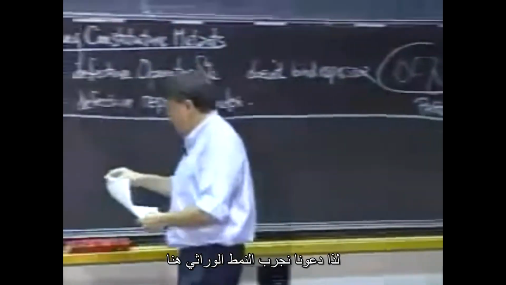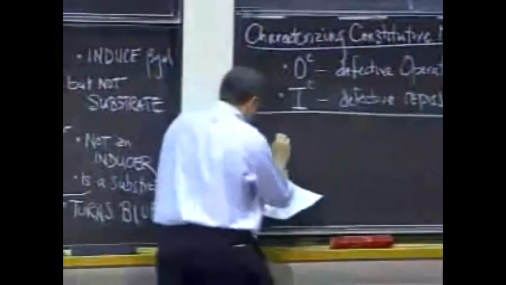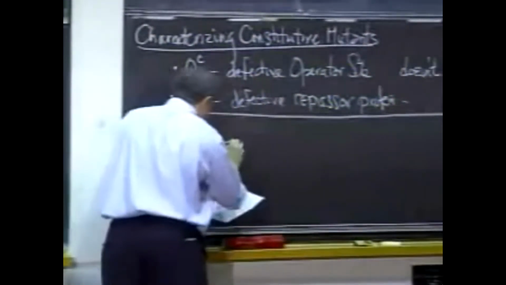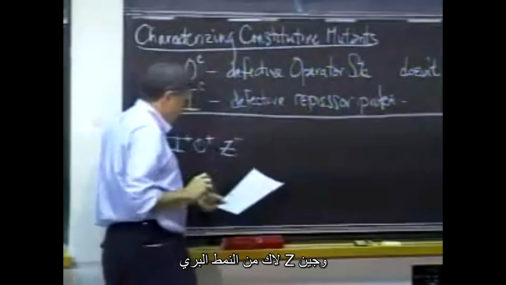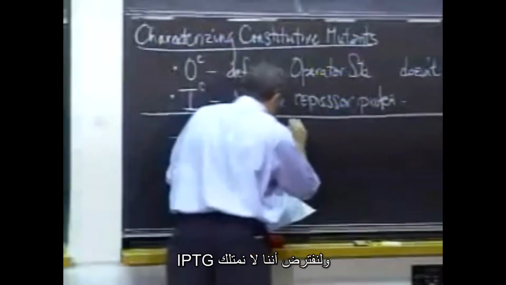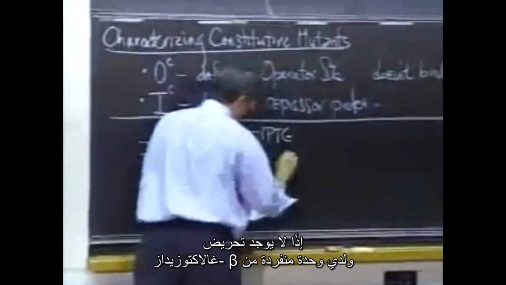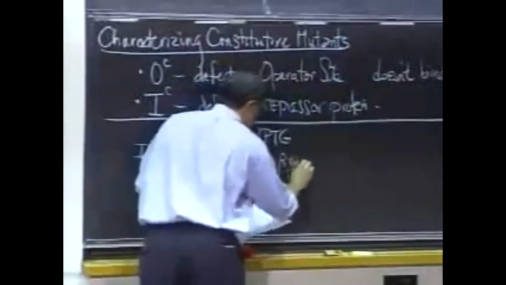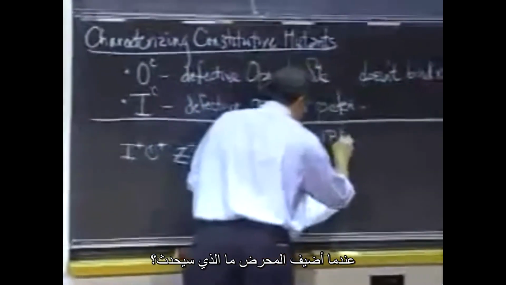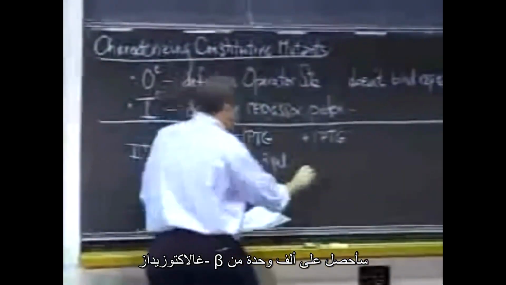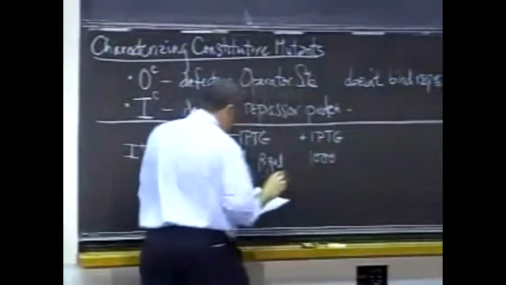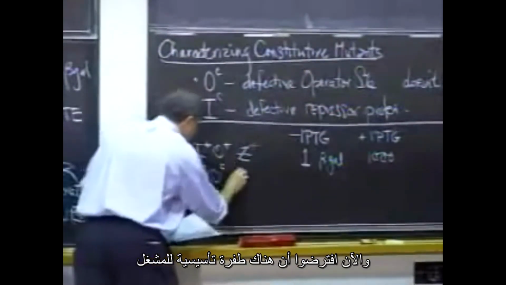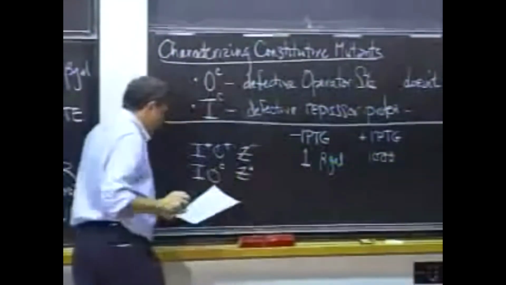So let's try out a genotype here. Suppose the repressor is wild type, the operator is wild type, and the LacZ gene is wild type. And suppose I have no IPTG, I'm uninduced, I have 1 unit of beta-gal. When I add my inducer, what happens? I get 1,000 units of beta-gal. Now, suppose I were to have an operator constitutive mutation.